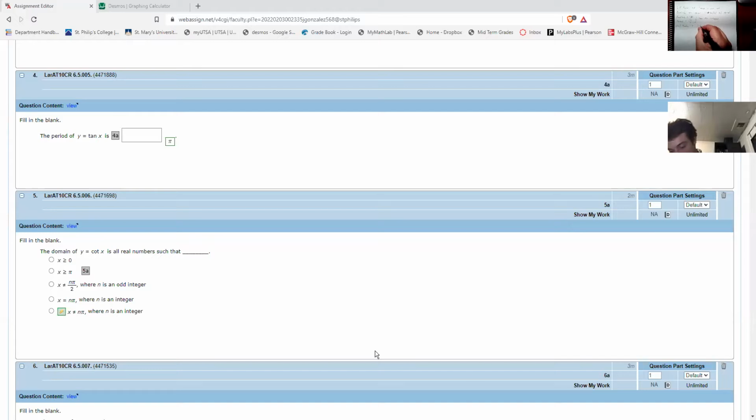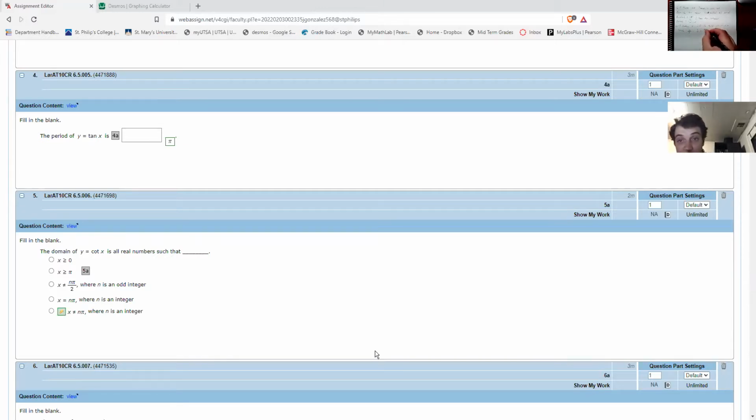Find the period of y equals tan x. So we said that the number on that x, right, or b in this case, so that's going to be pi over 1, which is pi, right?